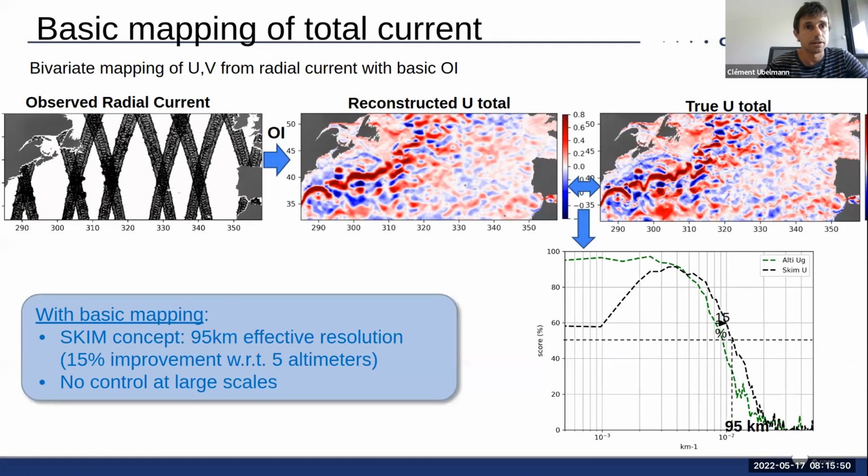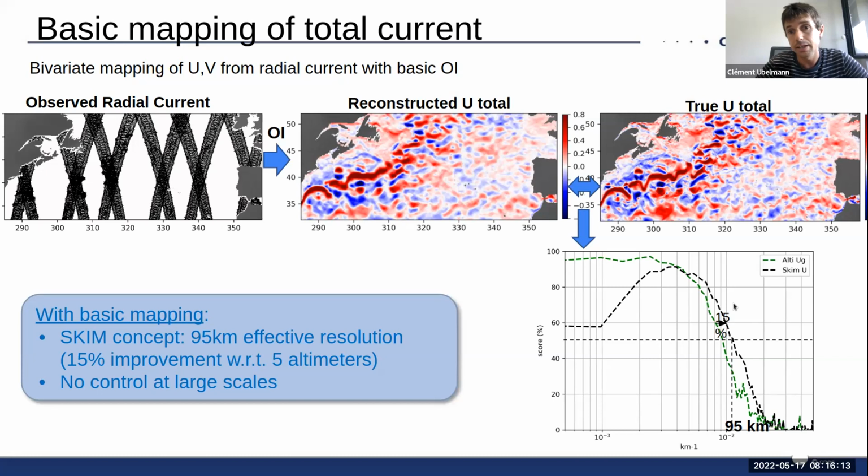Then we also do a basic mapping of the total current, independently from altimetry. This is a bivariate mapping of UV from the radial currents in both directions with a basic OI, with a covariance function that is basically a low pass. And we get the black curve.